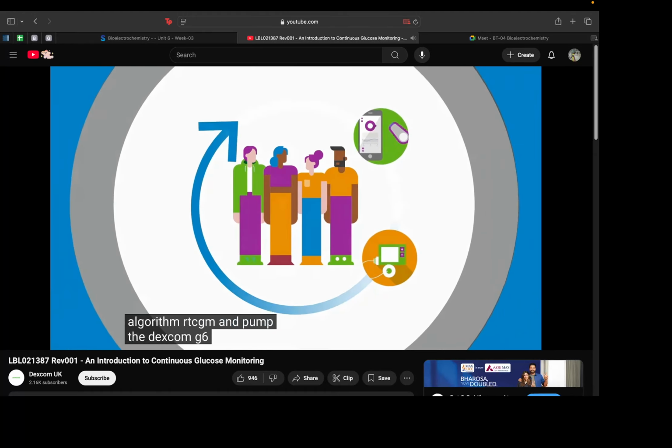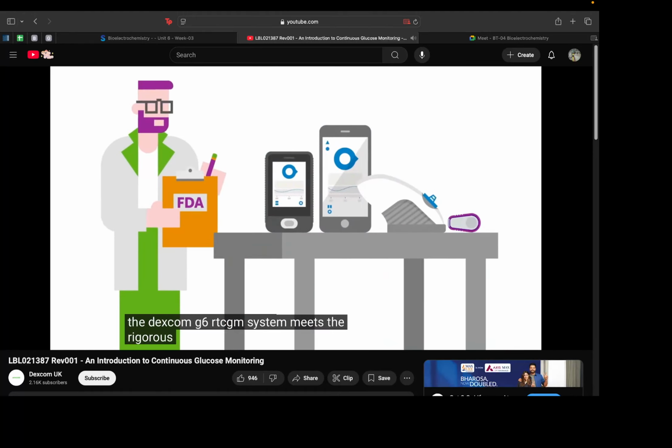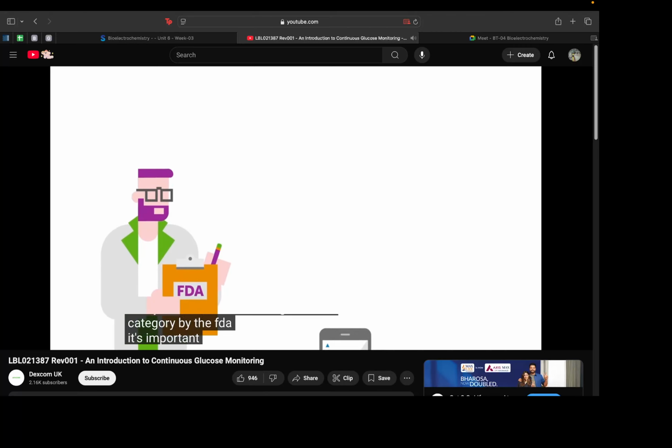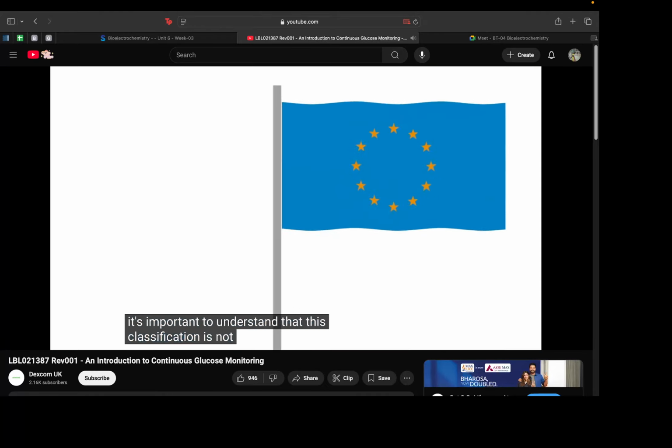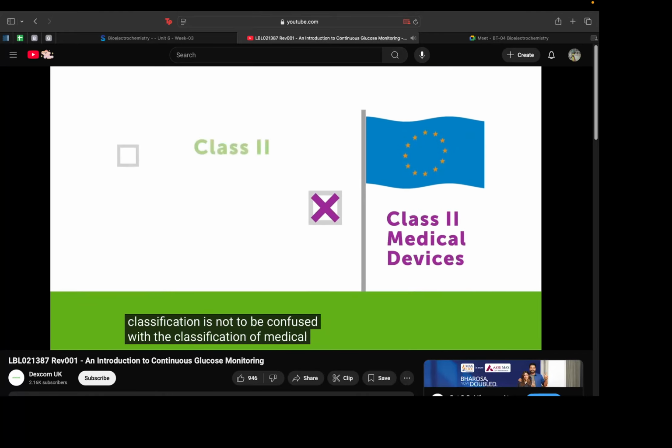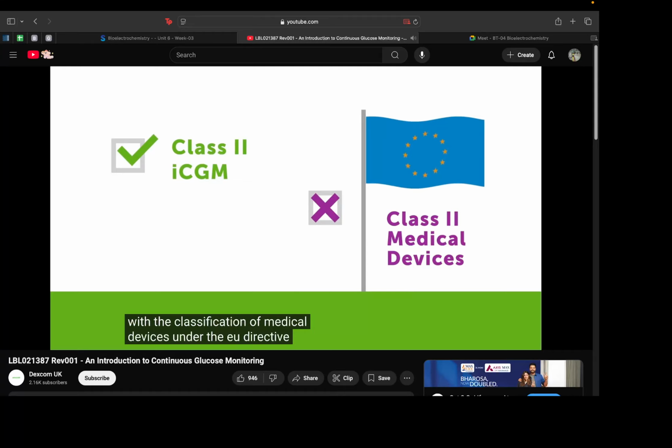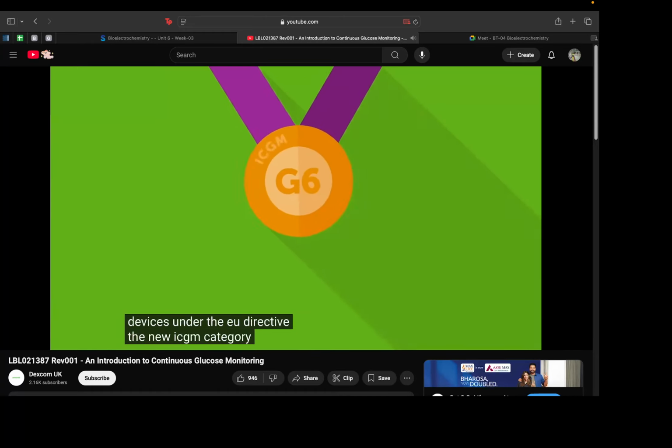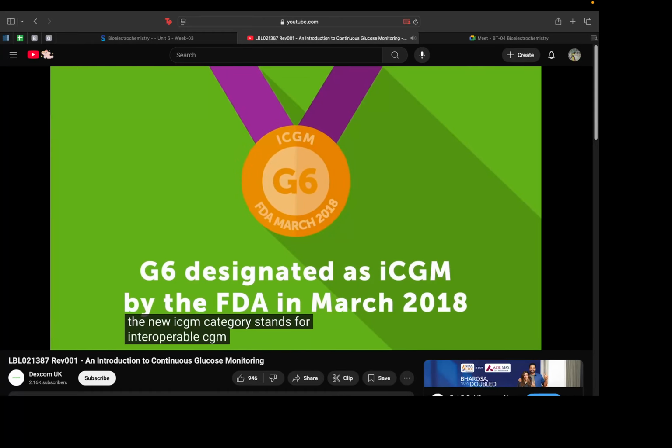The Dexcom G6 RT-CGM system meets the rigorous performance requirements of the newly established Class II iCGM device category by the FDA. It's important to understand that this classification is not to be confused with the classification of medical devices under the EU directive. The new iCGM category stands for Interoperable CGM.